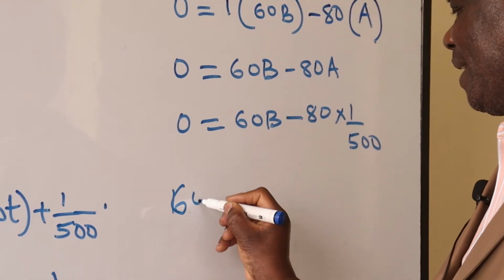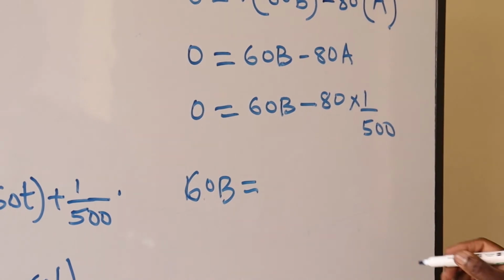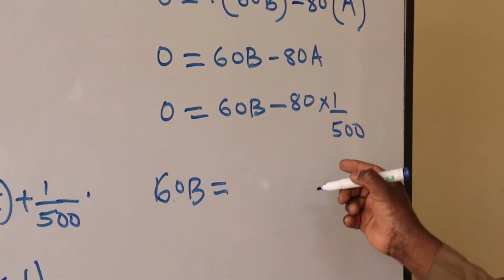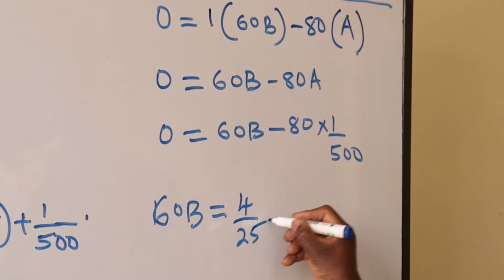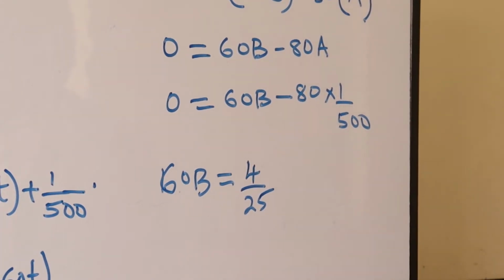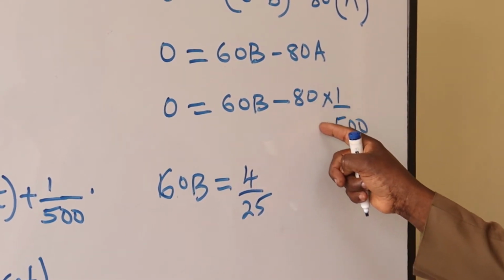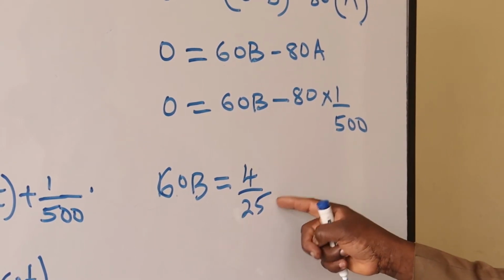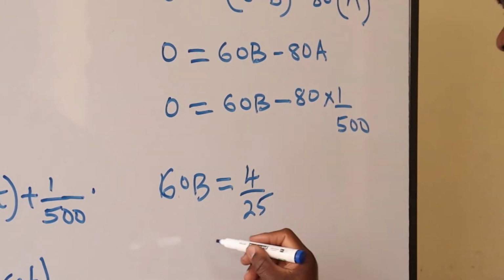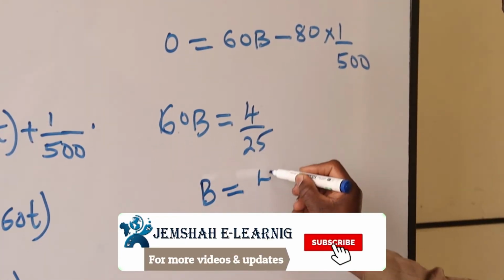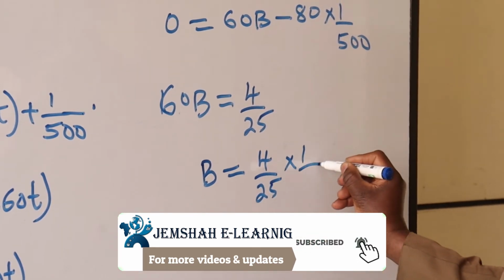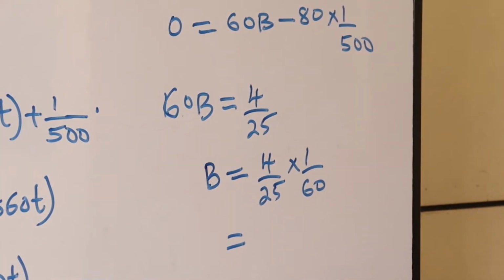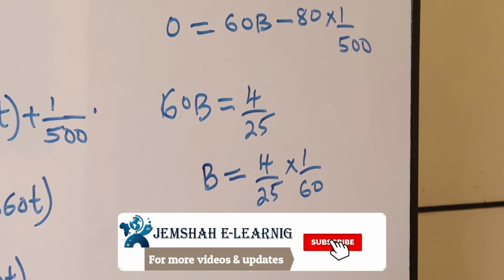So our 60b will be equal to 4 over 25. Therefore, b will be equal to 4 all over 25 times 1 over 60, which gives us what? 60 goes into 60, 15 times.